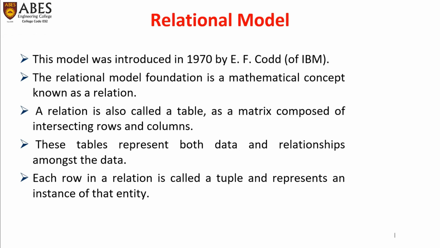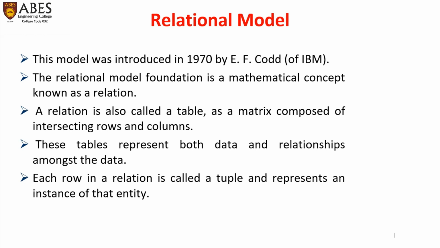Each row in a relation is called a tuple and represents an instance of that entity. Every relation, or every table, has multiple rows, and each row in this relation is called a tuple. That tuple has some information, and that information is called the instance of that entity.